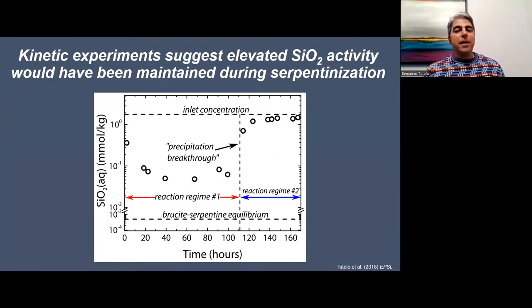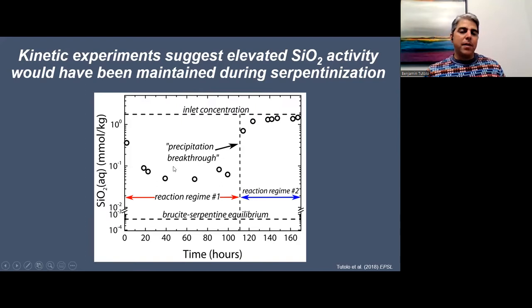You might also be wondering about the kinetics of this reaction and whether the silica in ambient seawater would have been entirely soaked up during the serpentinization process. Here is an example of an experiment that we did while I was at the University of Minnesota and published a couple of years later. It shows that once you begin to make serpentine in a serpentinizing system, the reaction kinetics actually slow down quite dramatically.